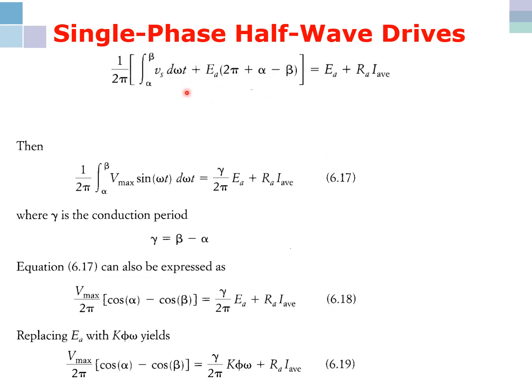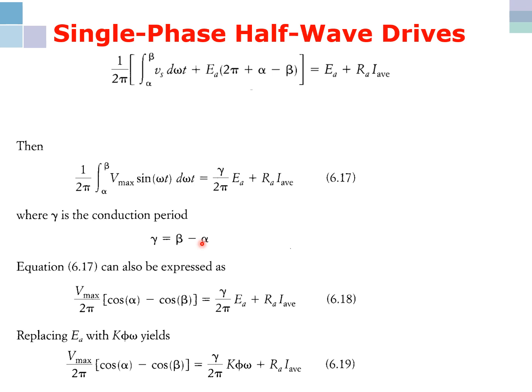Okay, based on the previous equation, we get gamma, the conducting period, where gamma is equal to beta minus alpha, for example the conducting period from 60 degrees to 150 degrees.